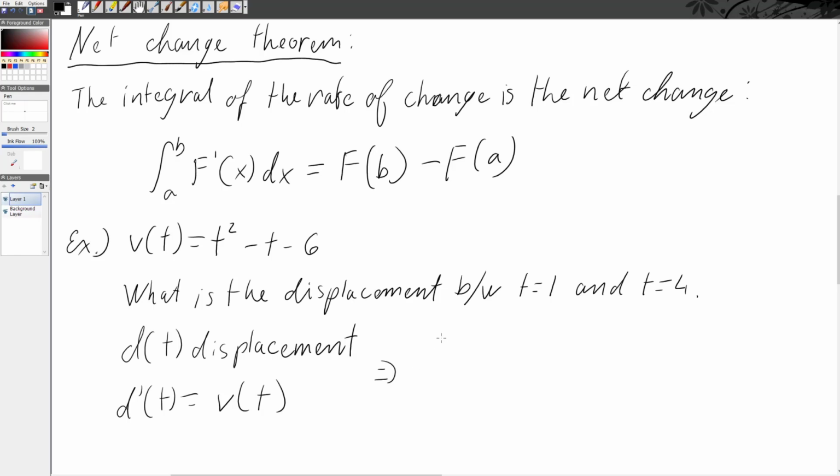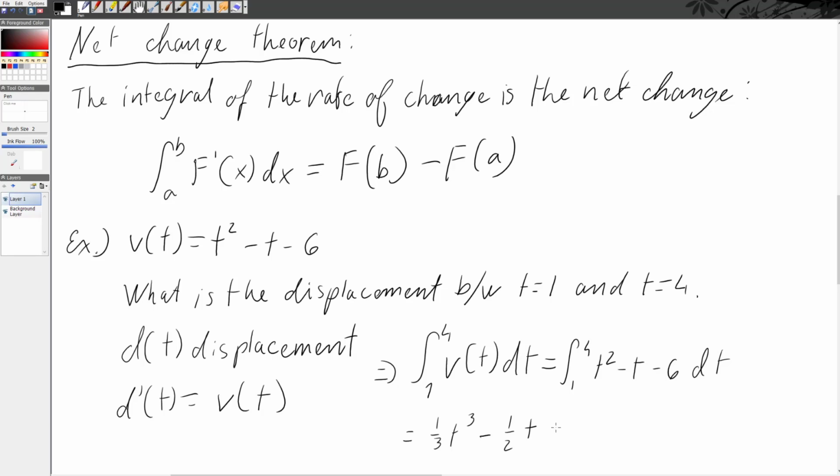So to find the displacement between time 1 and 4, we are taking the integral from 1 to 4 of the velocity function, which is equal to the integral from 1 to 4 of t squared minus t minus 6 dt, which is going to be equal to 1/3 t cubed minus 1/2 t squared minus 6t, evaluated from 1 to 4.